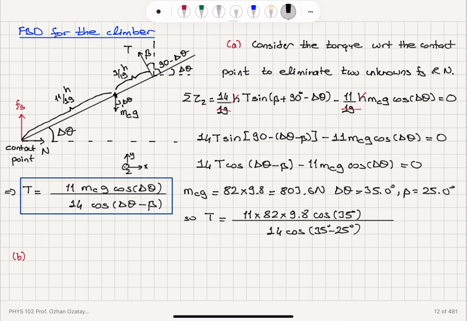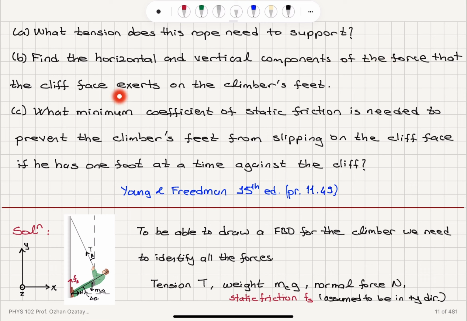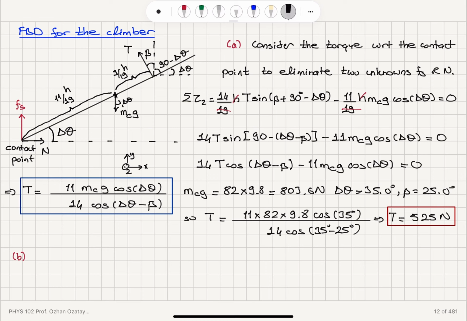Let's move on to part B. Find the horizontal and vertical components of the force that the cliff face exerts on the climber's feet. So horizontal component, normal force; vertical component, static friction. Now if I write the equilibrium condition on the x-axis, net force on the x-axis should be equal to 0.